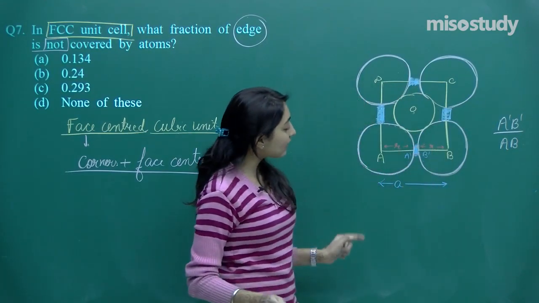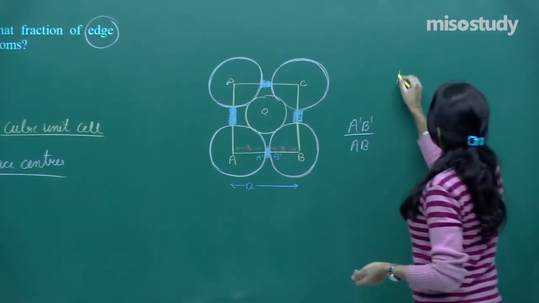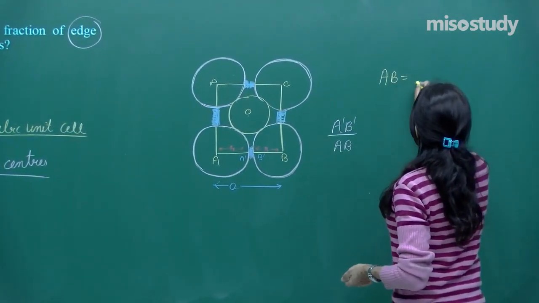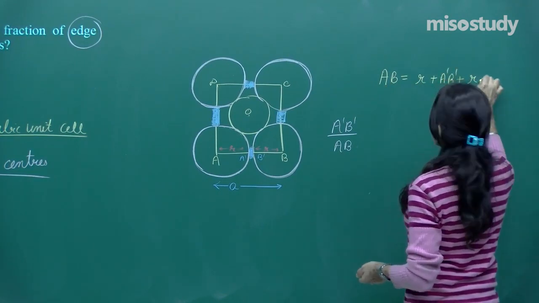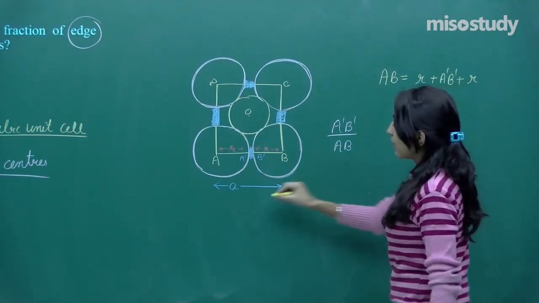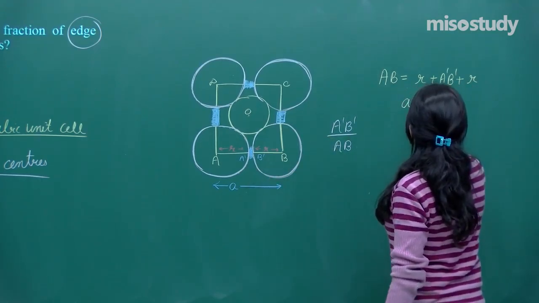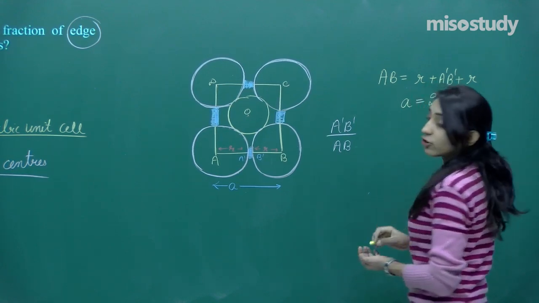Okay. So guys, can you say that the length AB can be written as R plus A dash B dash plus another R, right? So you can say A is equal to 2R plus A dash B dash, right?